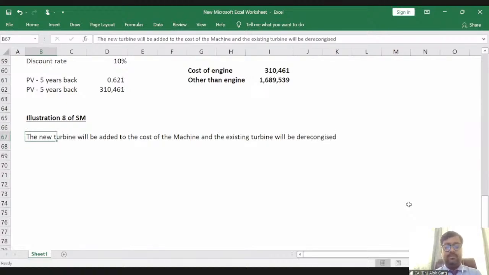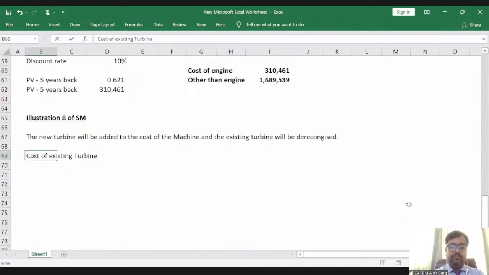Now, how to arrive at the cost of the existing turbine?